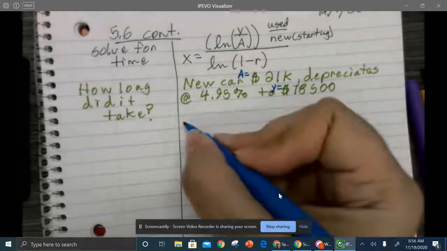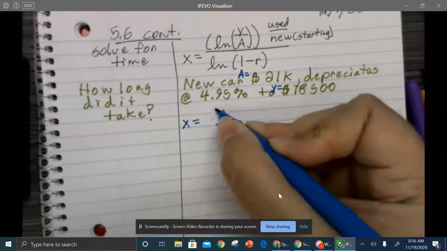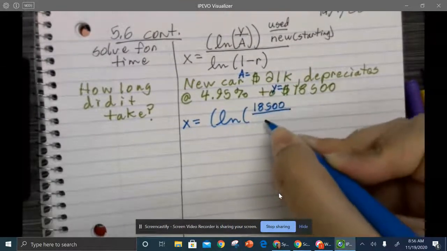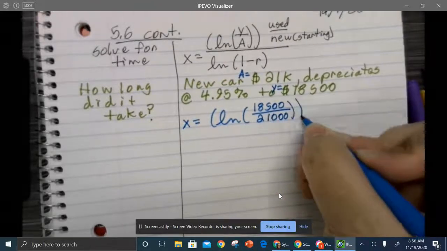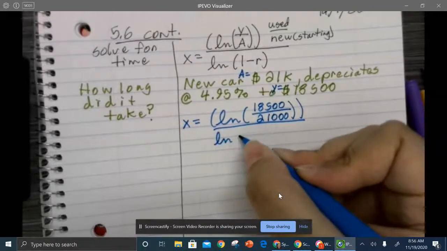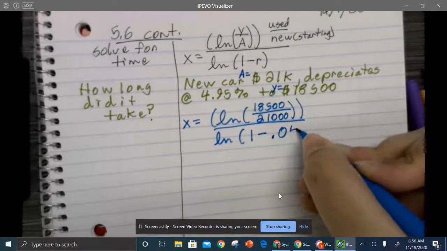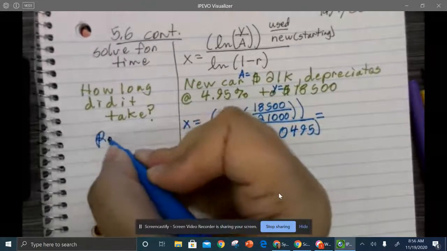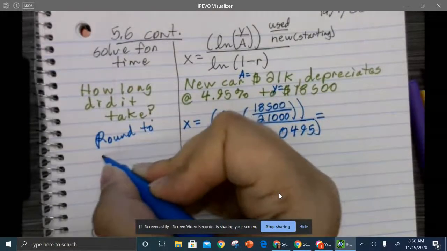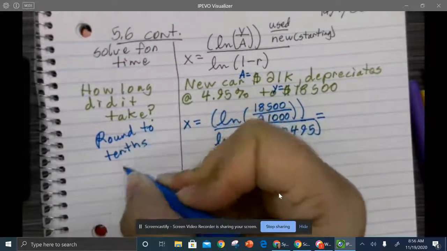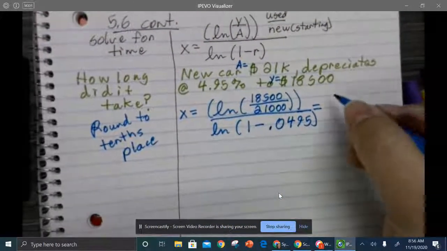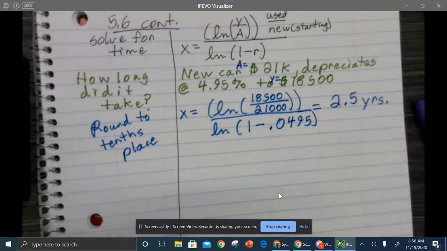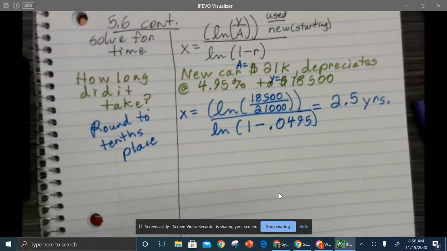And then we do the rate as a decimal. So x is equal to ln of 18,500 divided by 21,000, all over the ln of 1 minus the rate as a decimal, so 0.0495. Remember for time that we round to one decimal place, the tenths place, or I call it the dimes place. So it will be 2.5 years. That's how long it takes to depreciate to that value. Okay, everybody, you got this.